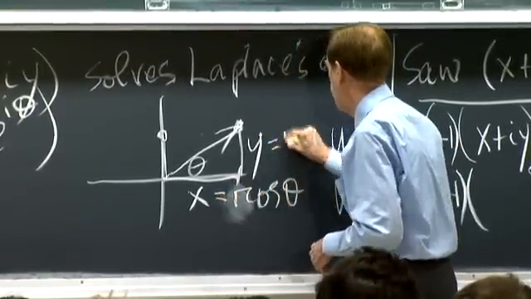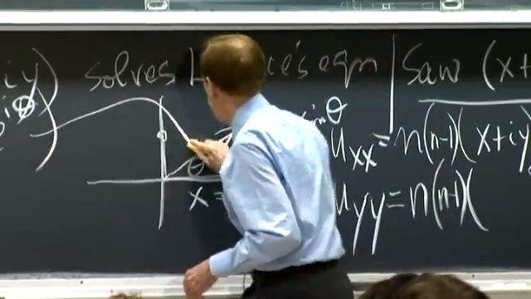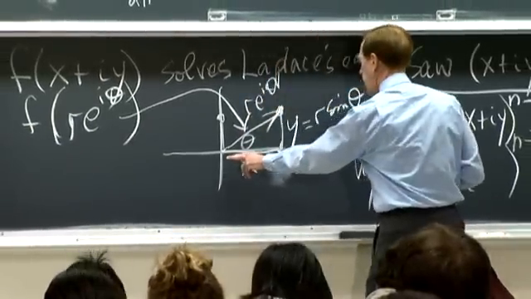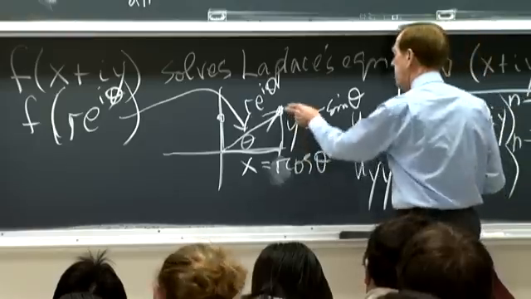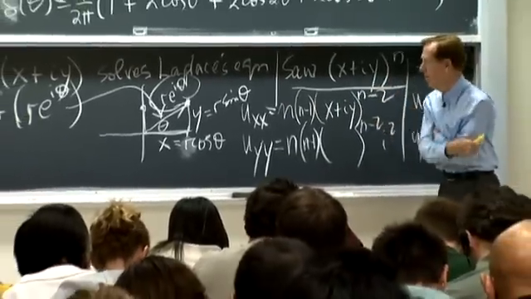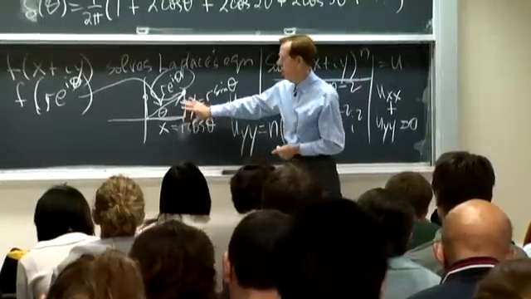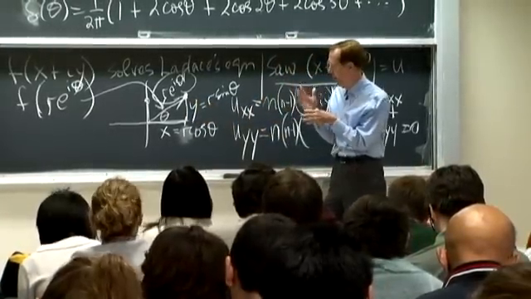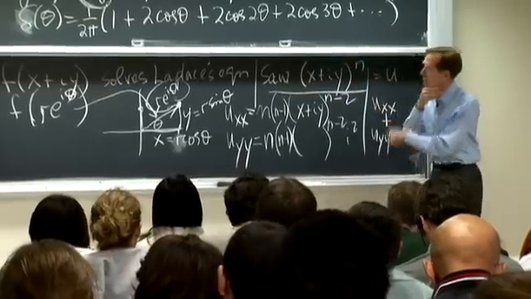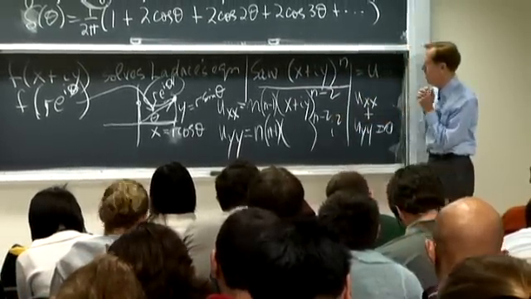This y is r sine theta. And this guy is r e to the i theta. r cos theta plus i r sine theta is the same as r e to the i theta. That's utterly fundamental. Everybody's responsible for that picture of putting the complex numbers into their beautiful polar form. That's what made our r to the nth cos n theta all so simple.